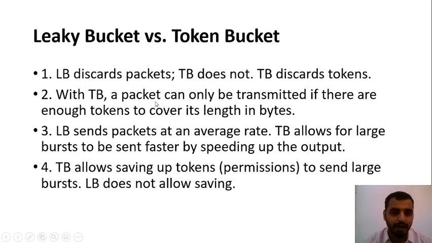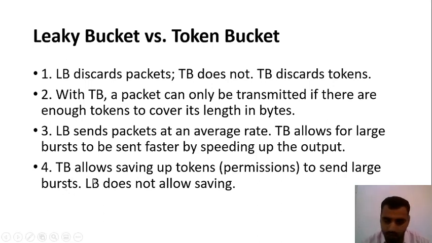With token bucket, a packet can only be transmitted if there are enough tokens to cover its length in bytes. Whereas the leaky bucket sends the packets at an average rate, token bucket allows large bursts to be sent faster by speeding up the output. Now what is the last point?